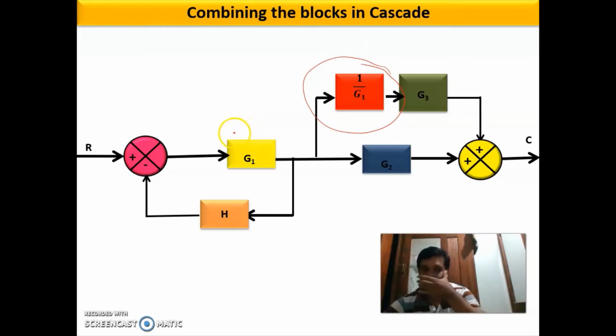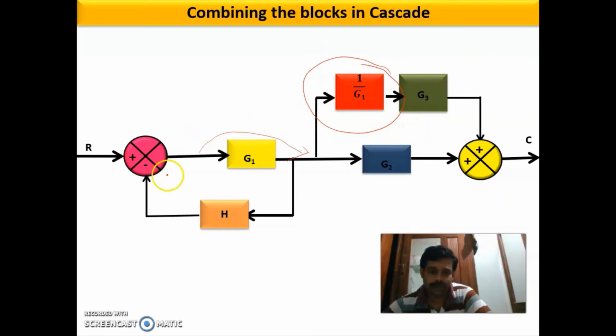Why? Because when it is before G1, this G1 will not be coming with G3. But when you are moving it from here to here, the G1 is also getting added to this line. So we have to eliminate this G1. So we are multiplying by 1 by G1, so the G1 gets eliminated. Here only G3 will be going and this G1 will be eliminated.